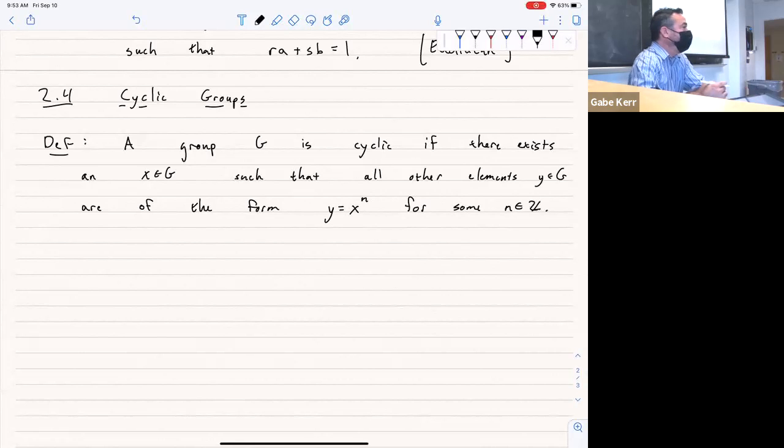So you're allowed to have N be 0, in which case you define X to the 0 to be the identity. And you're allowed for N to be negative, in which case you're taking powers of the inverse, multiplying the inverse by itself.